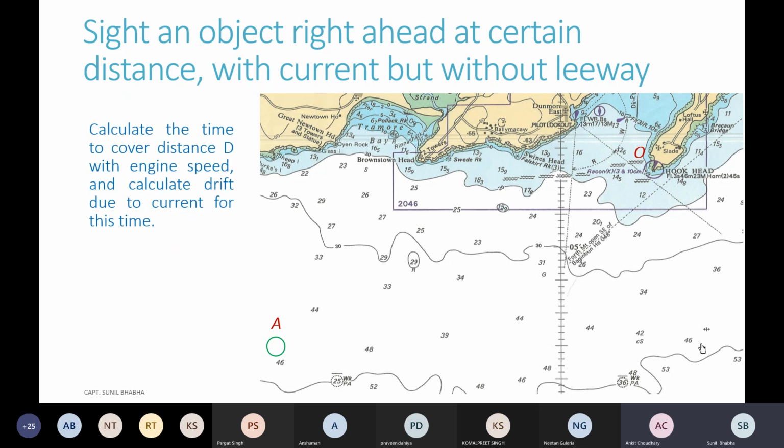Now, first of all, we should be clear in our mind that this is a little different type of question. Different in a way because in the questions which we have done till now, we had the information given in the question, we plotted that information onto the chart and got our answer.